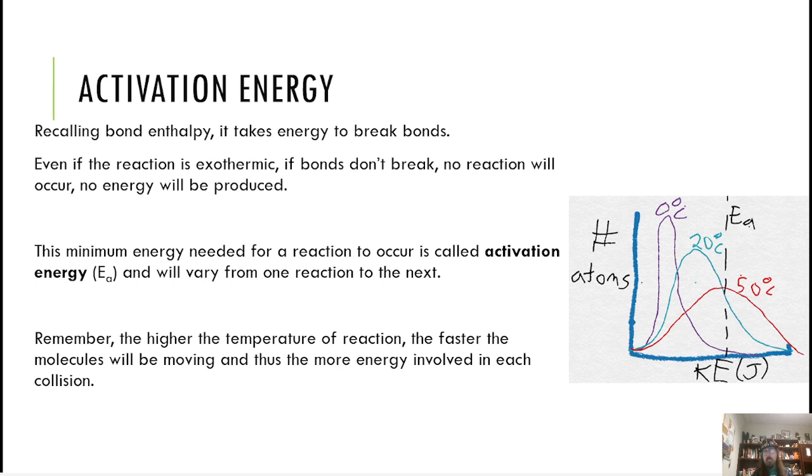At 20 degrees, it starts to shift over, and we have more molecules at higher energies, and more molecules that are above the reactive threshold. At 50 degrees, the molecules are moving even faster still, and maybe about 50% of the molecules, when they collide, will have enough energy to react. So more temperature means more likely of overcoming the activation energy, which means a faster reaction.